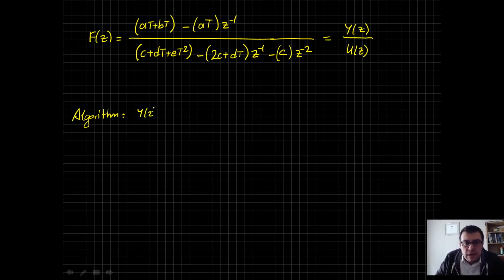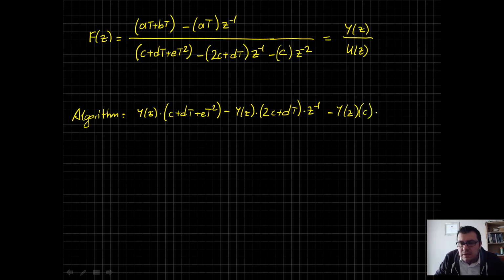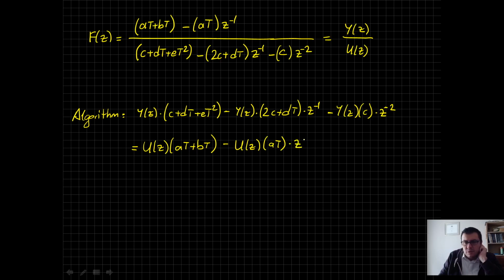Y of z times c plus dt plus et square, minus Y of z times 2c plus dt times z^-1, minus Y of z times c times z^-2 should be equal to this side: U of z times at plus bt, minus U of z times at times z^-1.